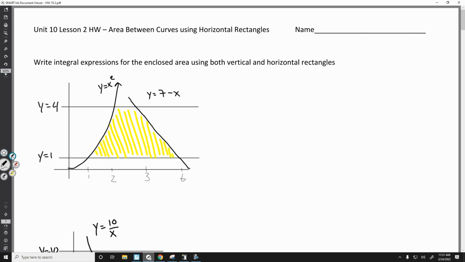So, if we thought about our rectangle that has a top and a bottom, we realize the top and bottom could be different depending on where you are located.